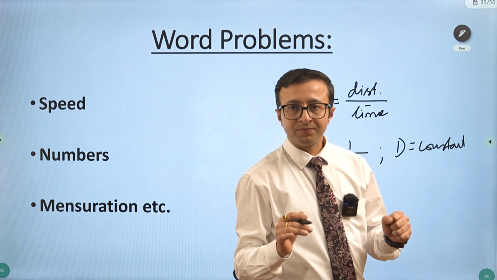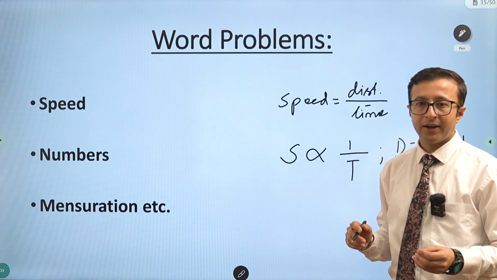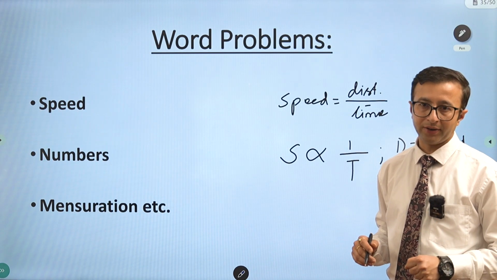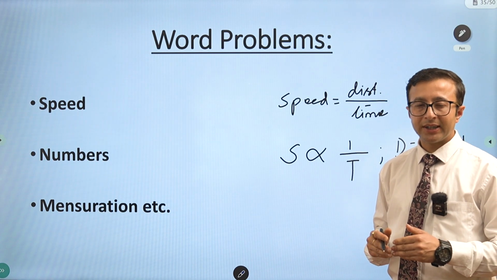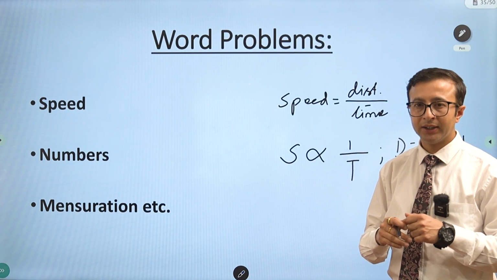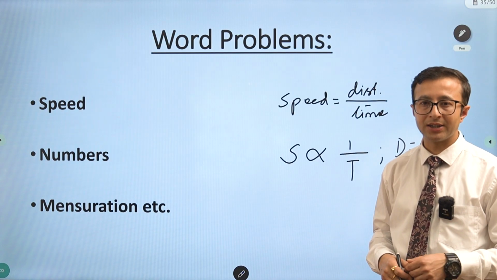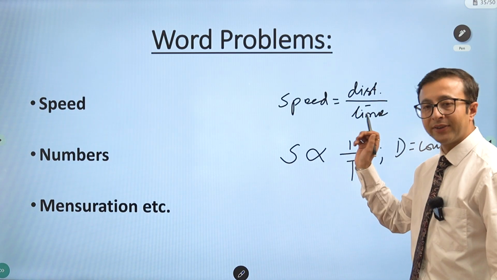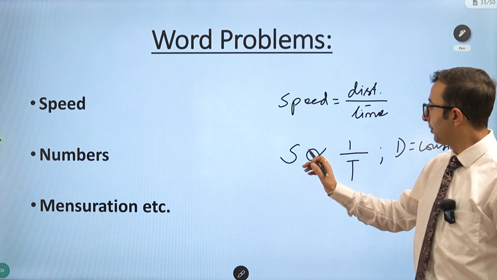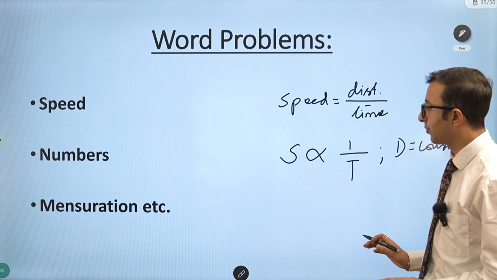Say for example, to go from one place to another, let's say the distance is 100 kilometers. If your speed is low, it takes 5 hours, but if the speed is higher, it won't take 5 hours, you will reach in 2-3 hours. So if speed is increased, time will be decreased. If speed is decreased, the total time taken will be increased. That's why it is inversely proportional.